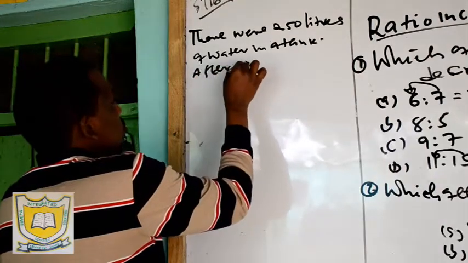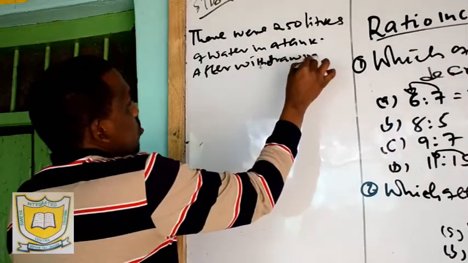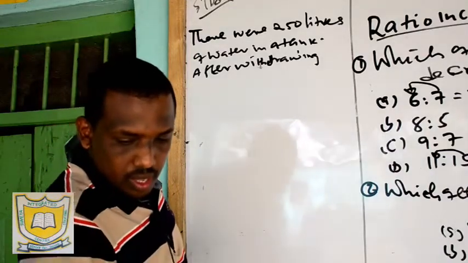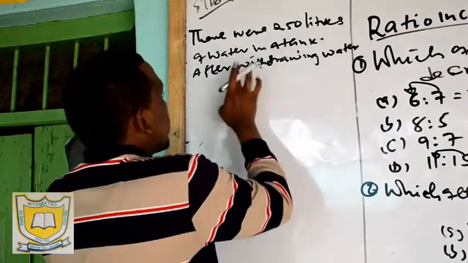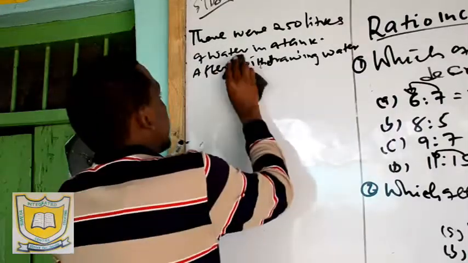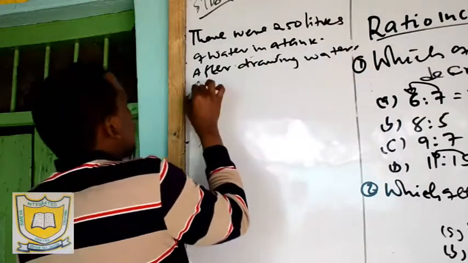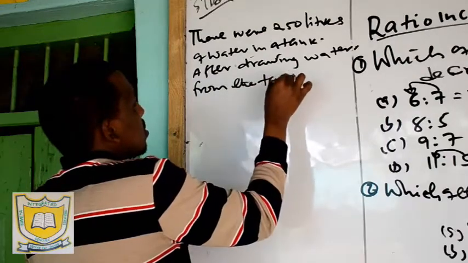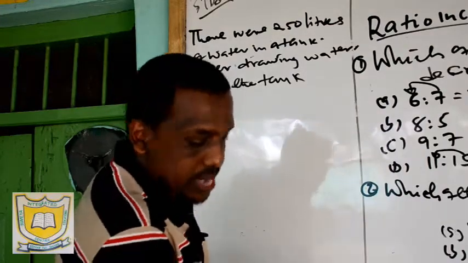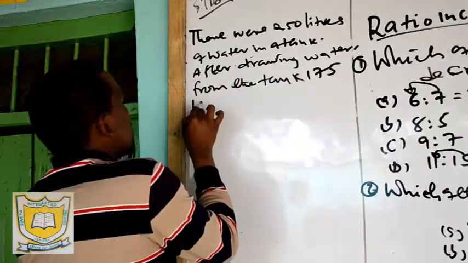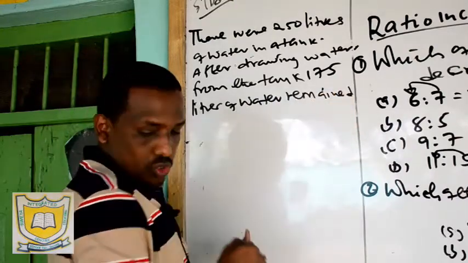After withdrawing water from the tank, you are told 175 liters of water remained.